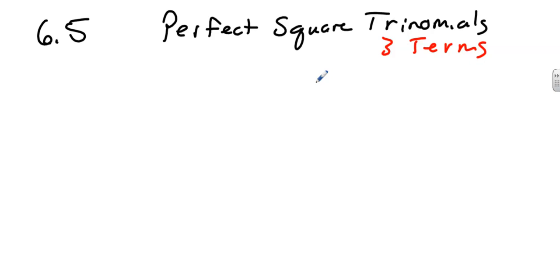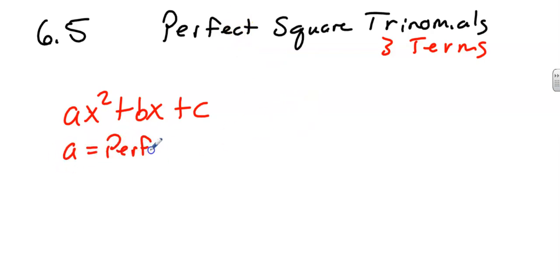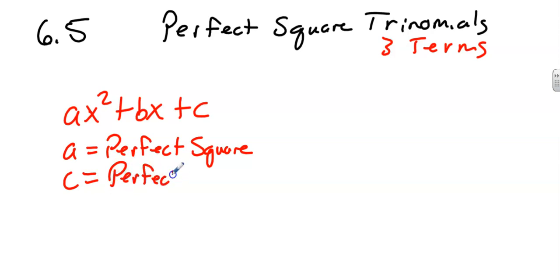What makes perfect square trinomials is that, back up here, we're doing ax squared plus bx plus c. What makes this perfect square is that the a term is a perfect square, and that the c term is a perfect square. Perfect square meaning it's 3 times 3, it's 4 times 4, it's 5 times 5.